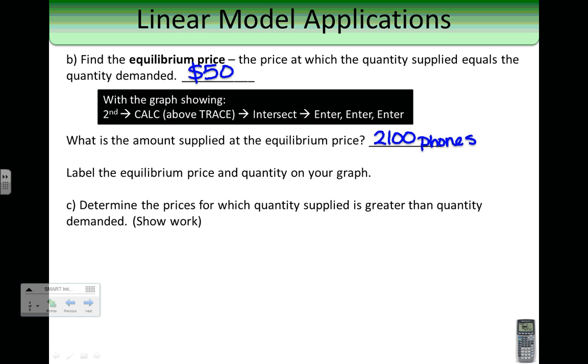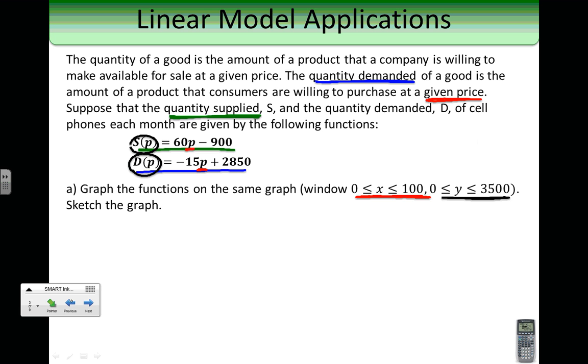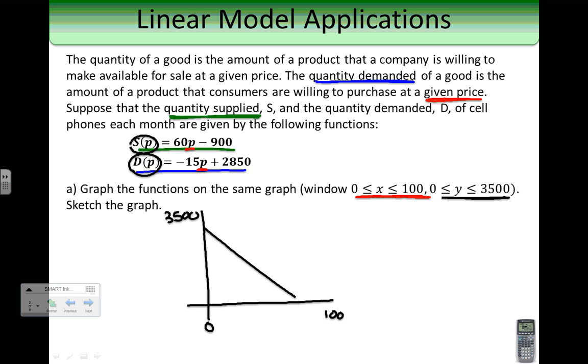That's going to give us the best equal supply and demand. All right. Label the equilibrium price and quantity on your graph. Here you should have sketched the graph when we graphed it. We're going to label this from 0 to 100 and from 0 to 3,500, and we had a graph that looked like so.